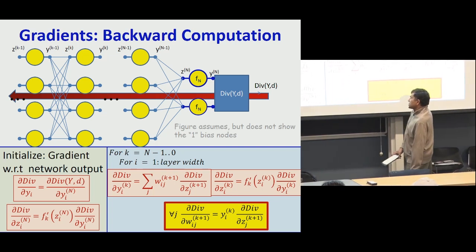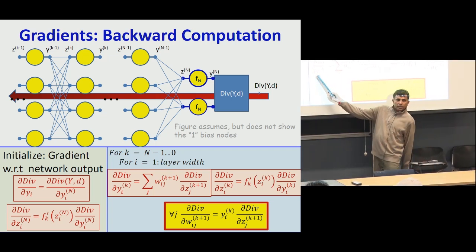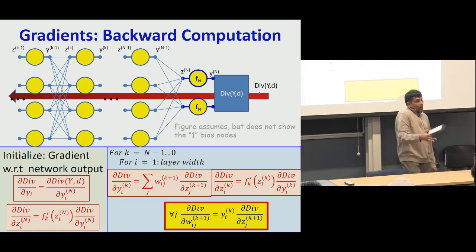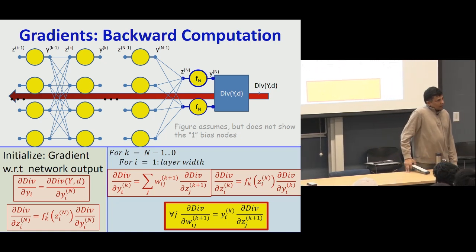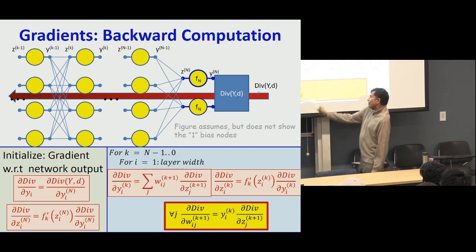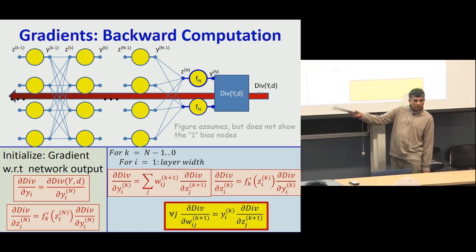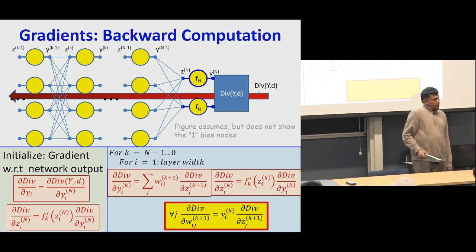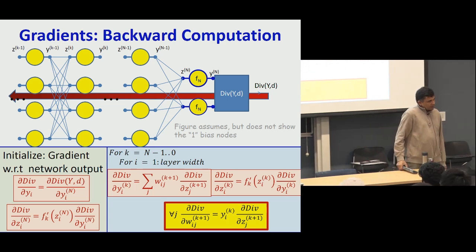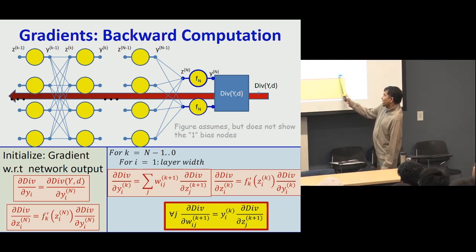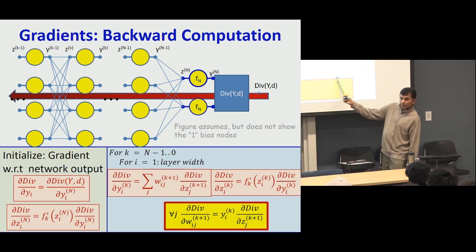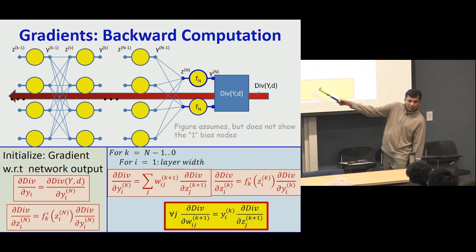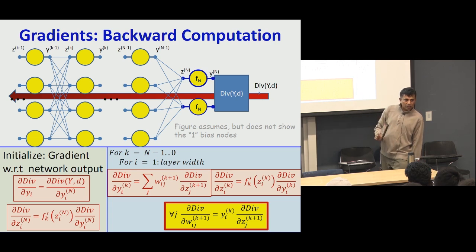There's a three-step process. First, you compute the derivative of the divergence with respect to the y's, which are the outputs of the layer. And that is simply an affine, a linear combination of the derivatives with respect to the z's. And then you can take a step back and compute the derivatives with respect to the z's themselves, where you're just going to be multiplying the derivative with respect to y by the derivative of the activation.